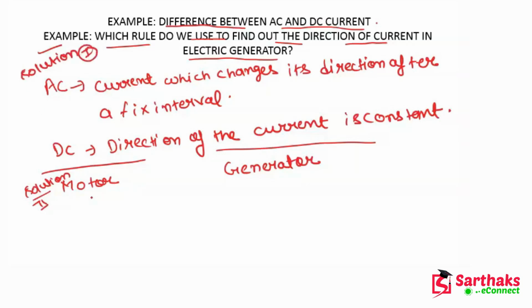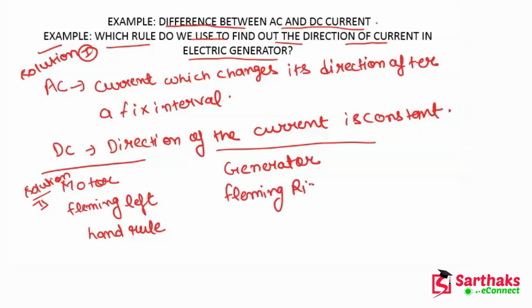In a motor we use Fleming's left hand rule, and in a generator we use Fleming's right hand rule.